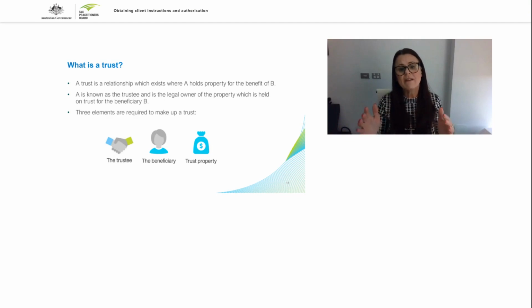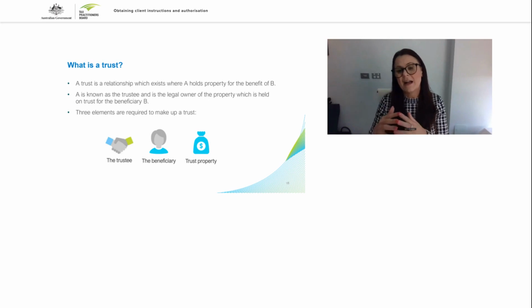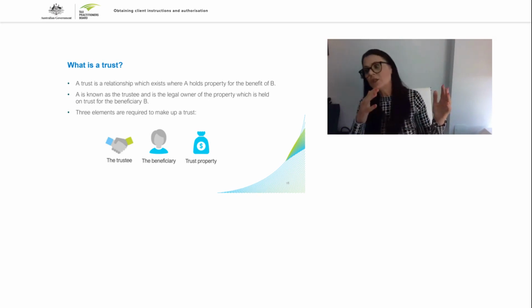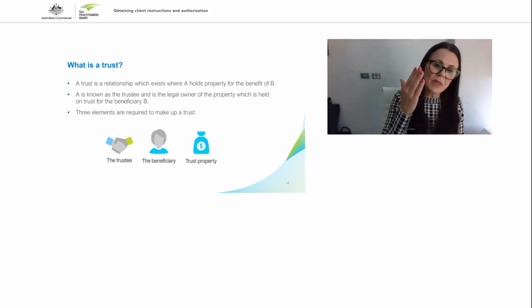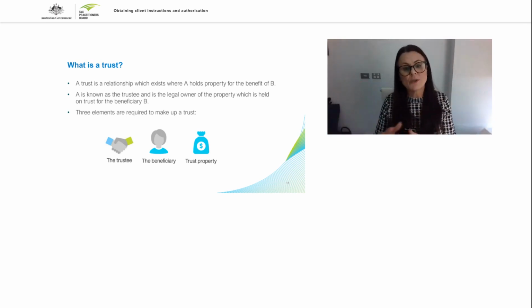The trustee will have a legal title to the trust property held on behalf of the beneficiary, but will be limited to acting in relation to the trust property for the benefit and in accordance with the agreements that created the trust.